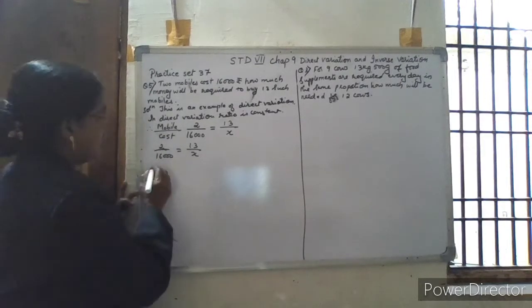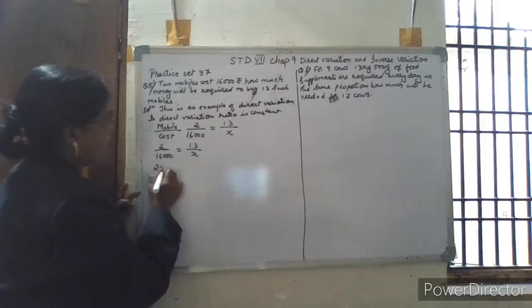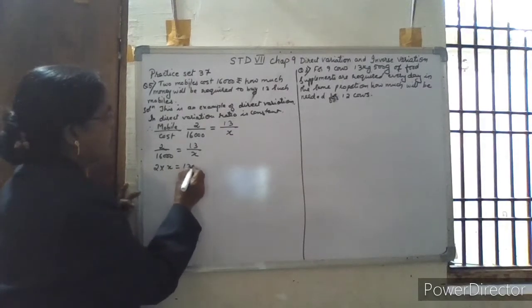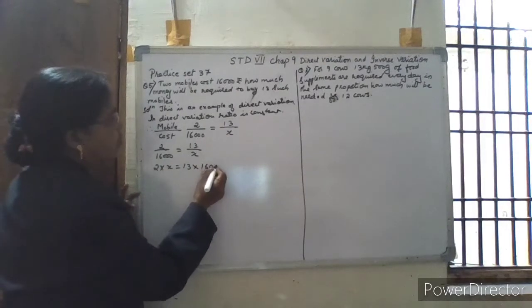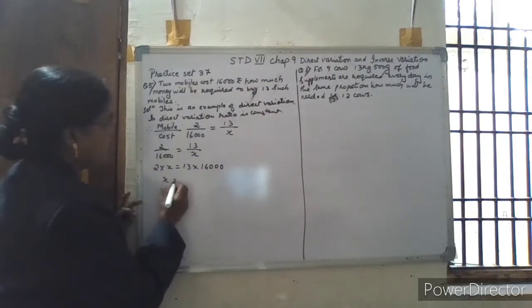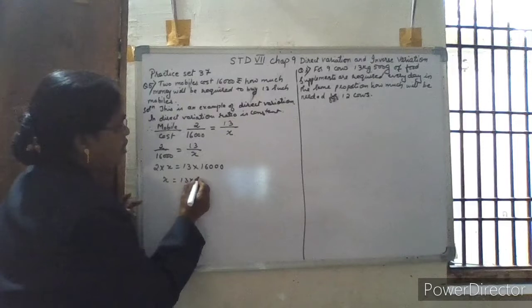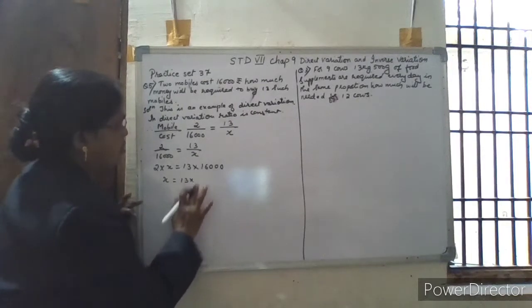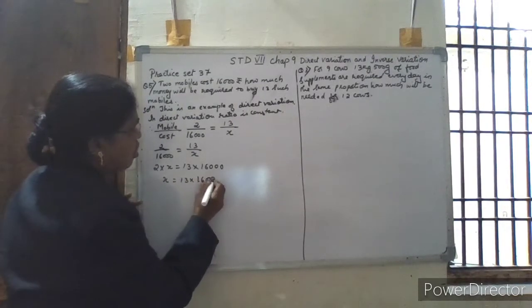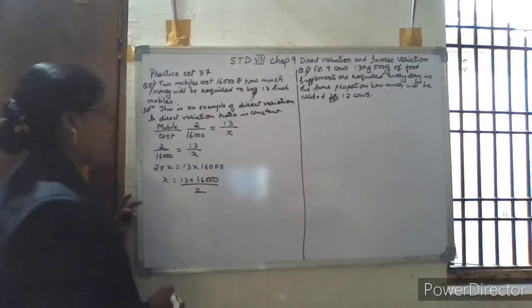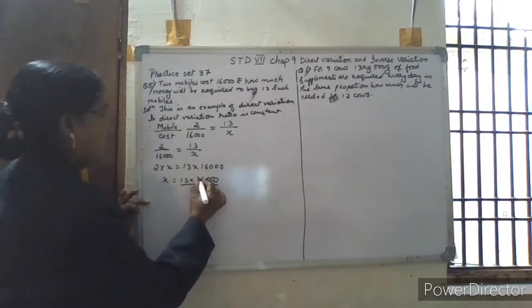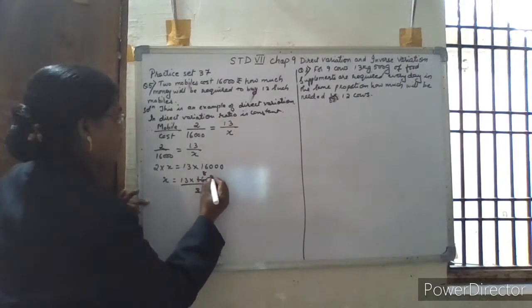2 into X is equal to 13 into 16,000. So X is equal to, this 2 you bring this side, it gets divided, 13 into 16,000 divided by 2. 2 ones are 2, 2 eights are 16, and these 000 will remain.